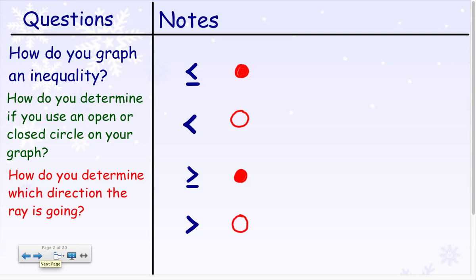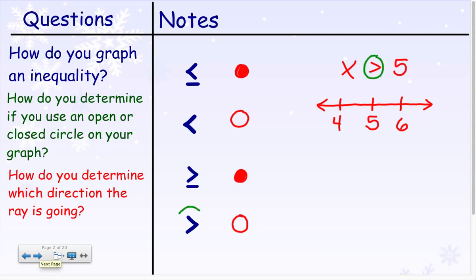So for example, if I have x is greater than 5, if I put that on a number line, I always put the 5 in the middle and I like to do one number smaller and one number bigger on both sides. The greater than symbol means that I'm going to have an open circle on 5, and then I have to think about if x is greater than 5, what numbers could x be?